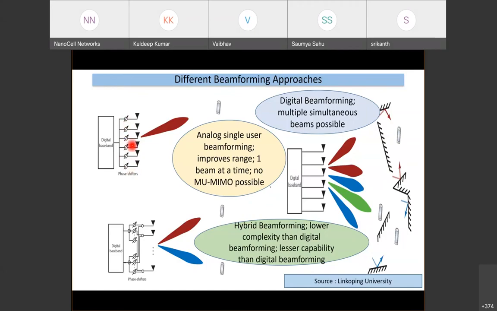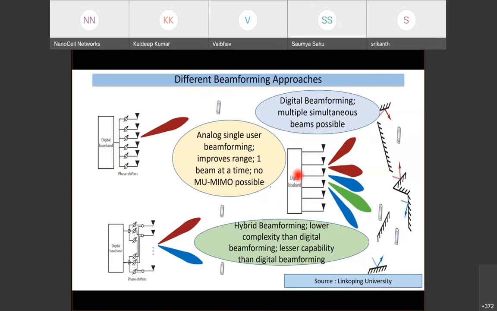Why? Because if we want to go to full digital beamforming, which is very friendly from the capability perspective, see, analog beamforming at one given time can generate only one beam. A pure digital beamformer can potentially generate multiple beams. So if you want to do all those multi-user MIMO, you need digital. But then why are we talking about analog when digital is there?